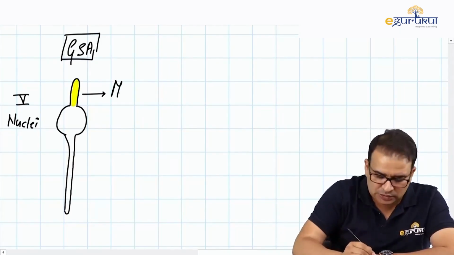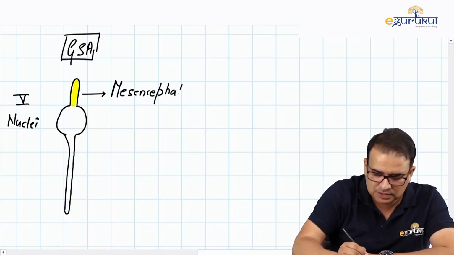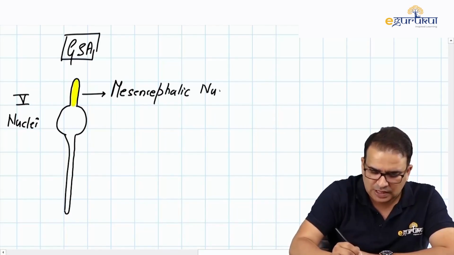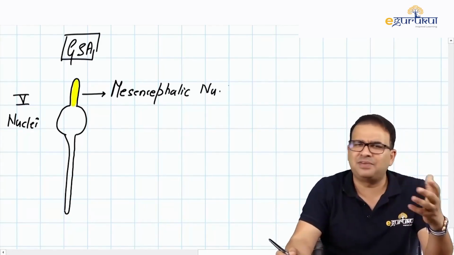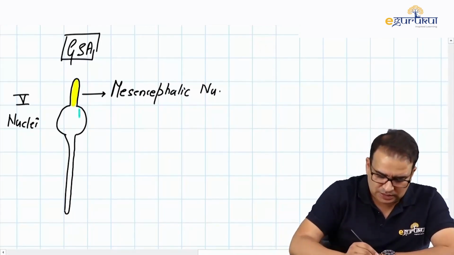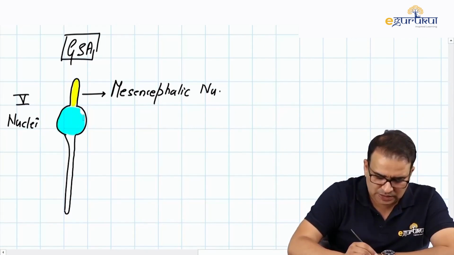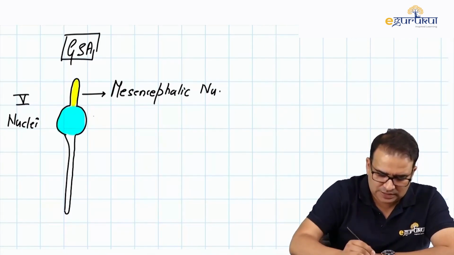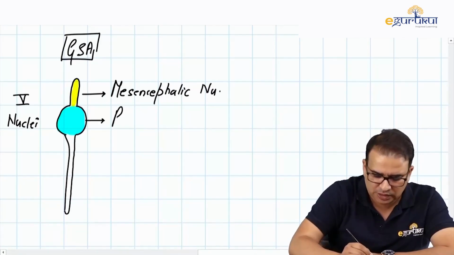So that's why it is called the mesencephalic nucleus. The second part here, which is present in the pons, is called the principal sensory nucleus.